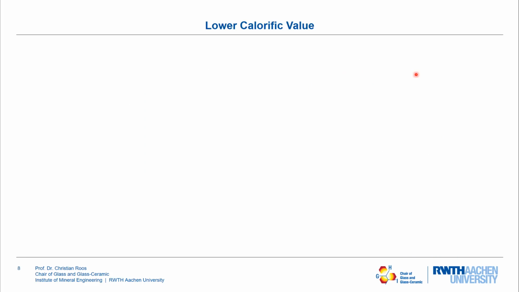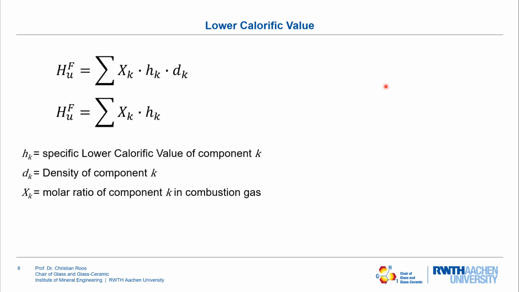At last, let's have a look at the lower calorific value. If one wants to calculate the lower calorific value, you can simply take the density of the respective component, the specific lower calorific value of the respective component, and the ratio of that component in the combustion gas.